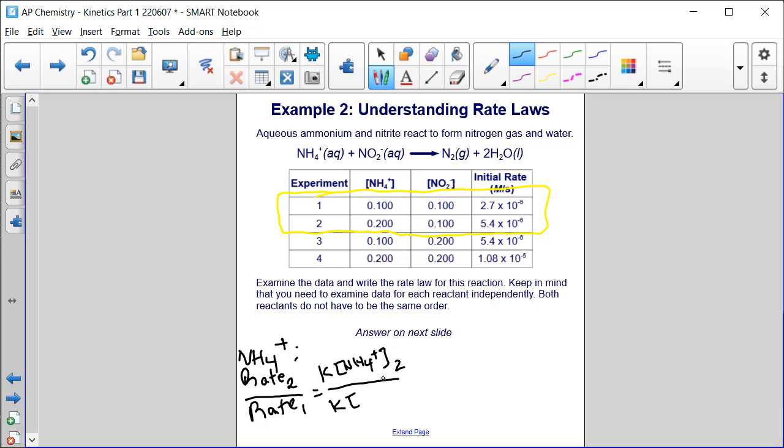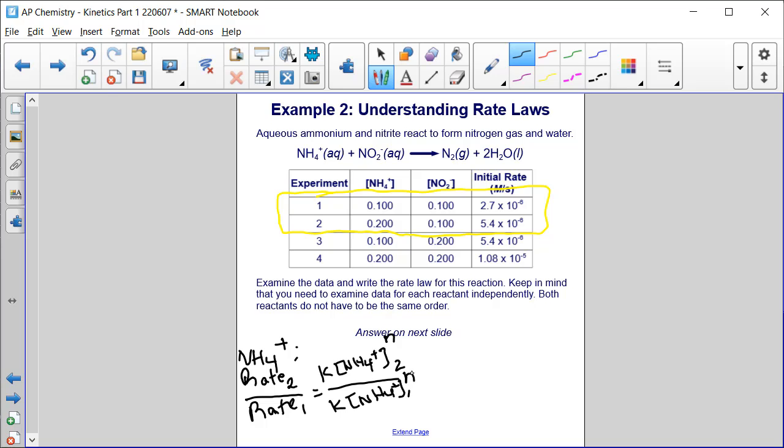The second experiment over NH4 plus for the first experiment, okay? And the other thing I forgot was we have to figure out to what order this is, right? So that's what we don't know. Some order will give the letter N, right? So that's what we're solving for, finding the order of that reaction.